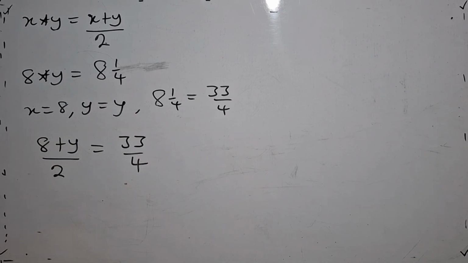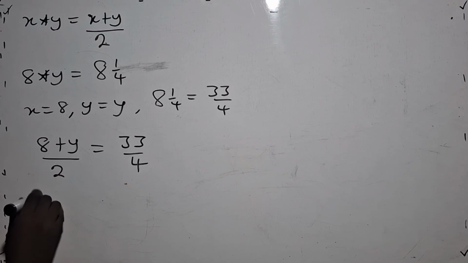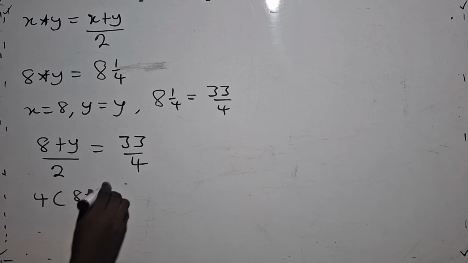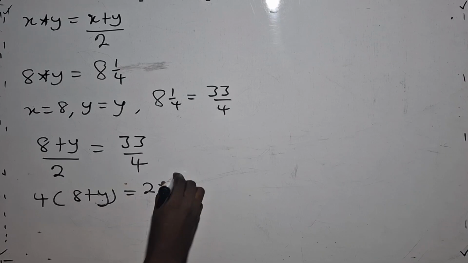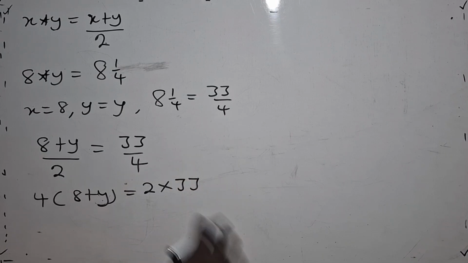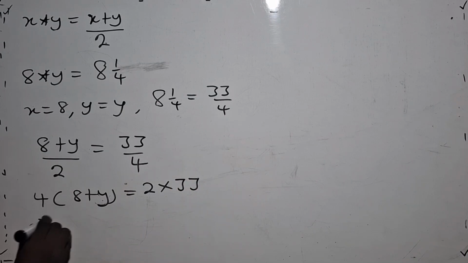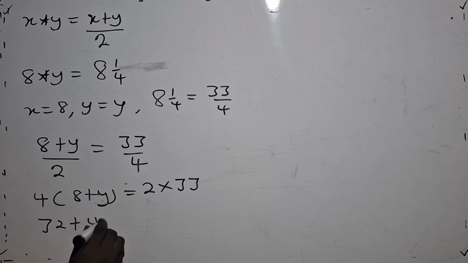We have gotten a simple equation that we can find the LCM or cross multiply. Yes, so I'll cross multiply here. 4 times (8 plus y) is equal to 2 times 33. Can use the bracket. So 4 times 8 is 32 plus 4y is equal to 66.